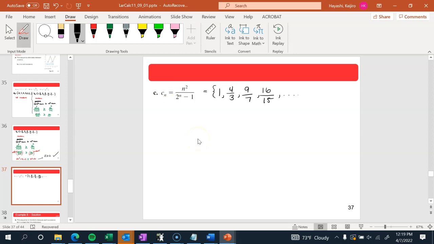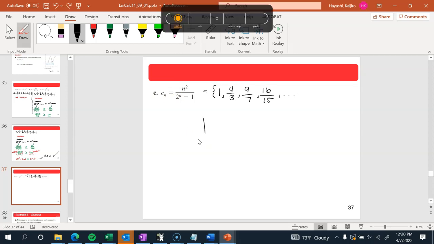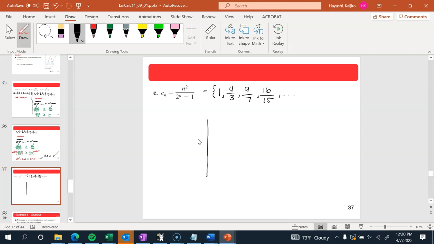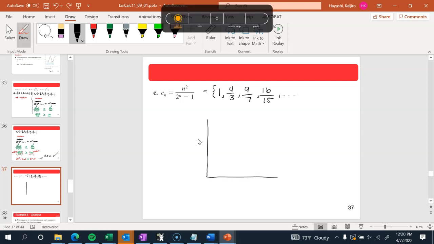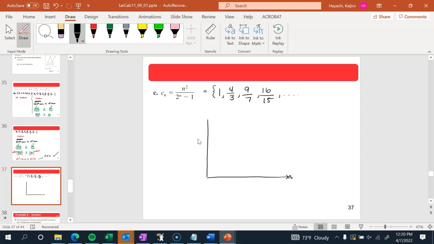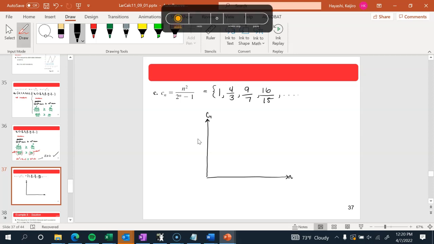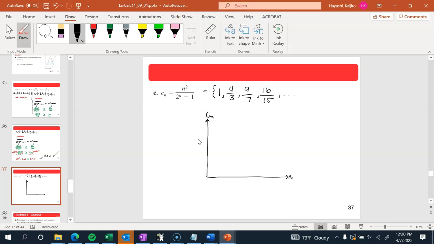Now, if you were to go ahead and plot these, you would see that it is not monotonic. I know these fractions are sort of hard to compare to one another, but here's n, here's the value of c sub n, and let's just say that's 1 and that's 2.